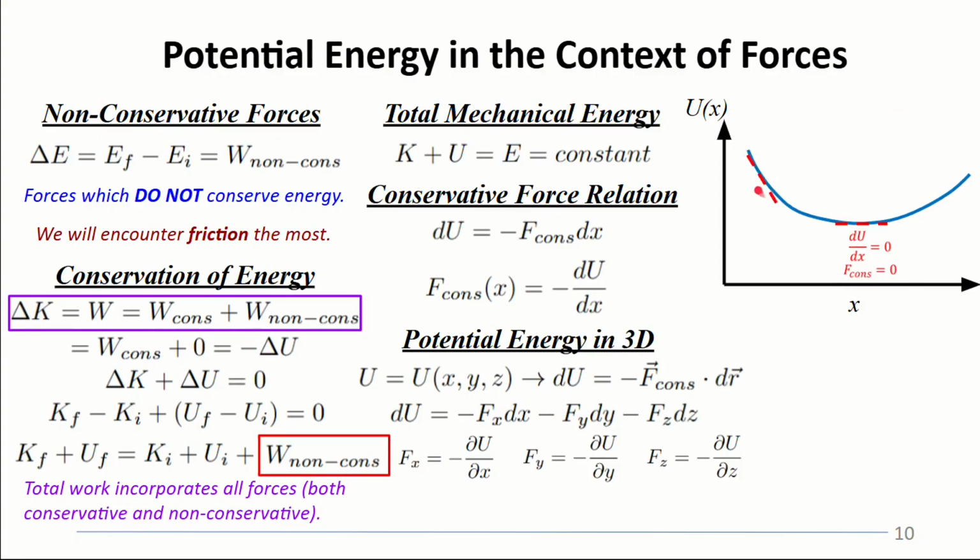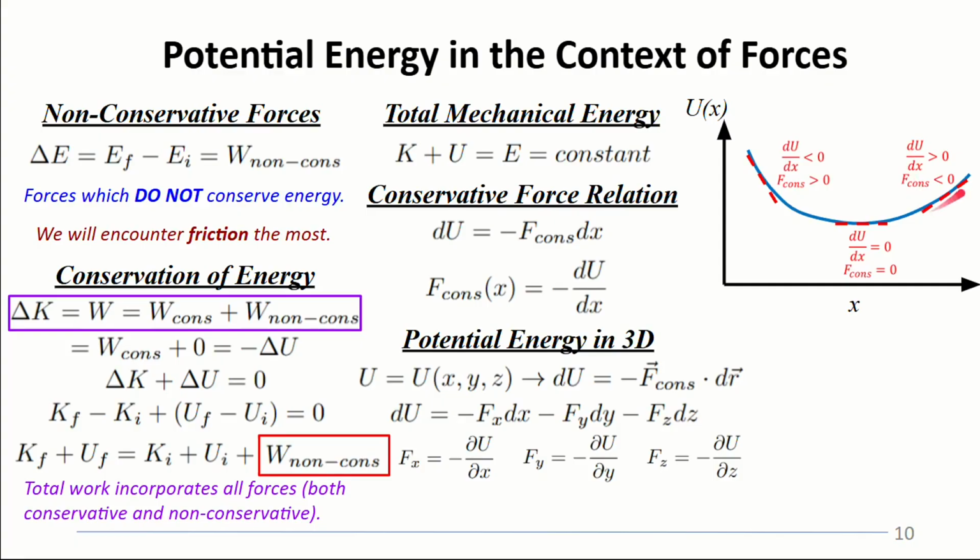If you take a look over here, the slope is downward, so dU over dx is less than 0. But remember, there's that negative sign we need to incorporate right over here, and that is going to give us a positive force.